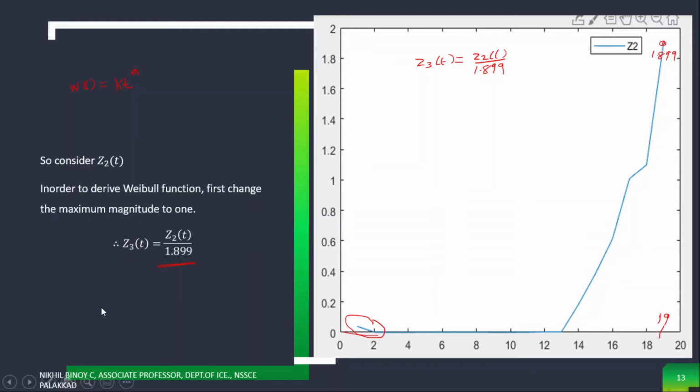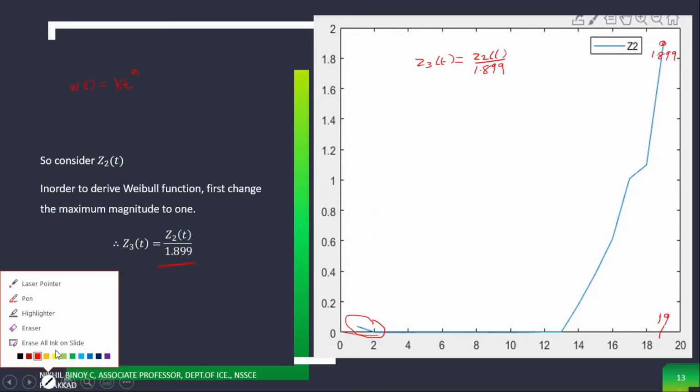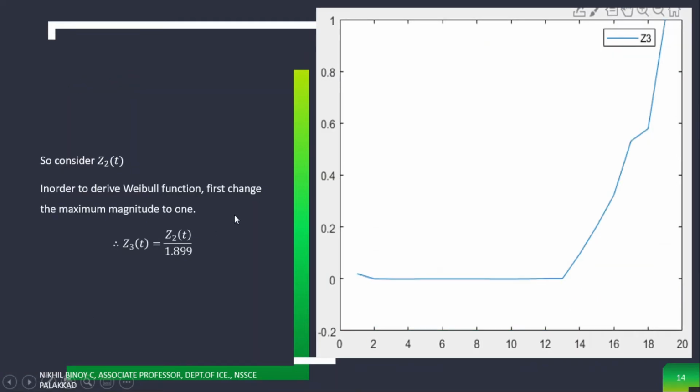I am going to show the corresponding graph after dividing Z2 by 1.899. This one is Z3 of t, which is Z2 divided by 1.899. Please note, initially we have Z. That Z is split into Z1 plus Z2, where Z1 is 0.101, and the remaining portion is Z2.